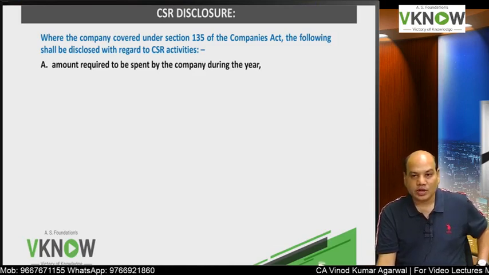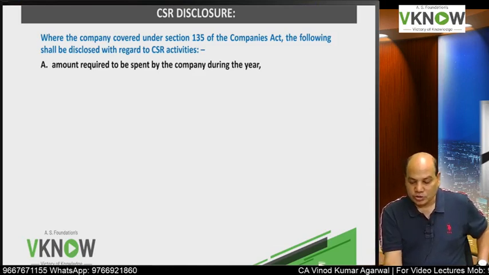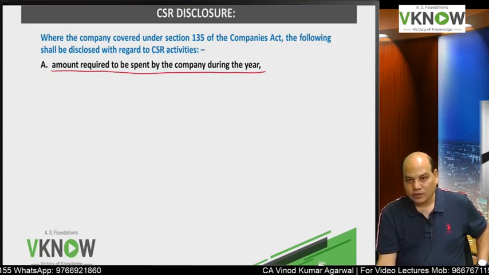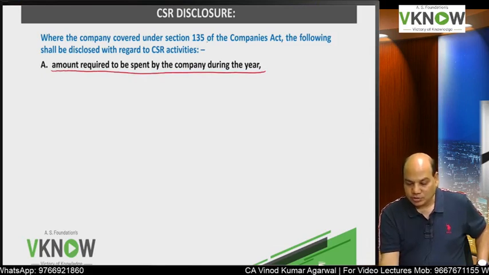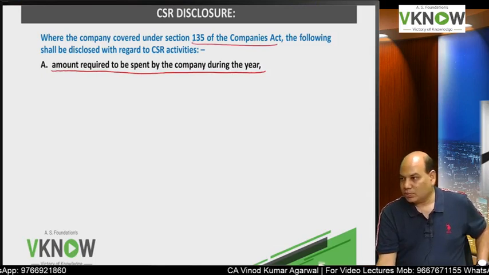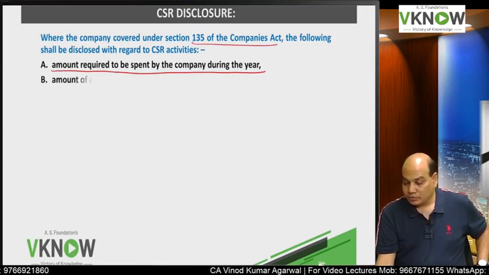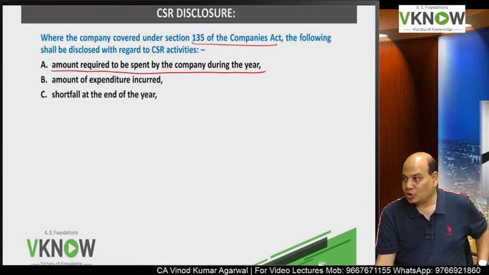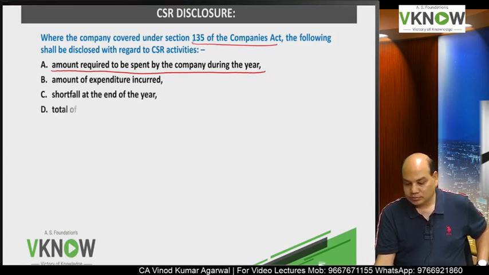So the disclosure requirements are, first, you have to disclose how much amount is required to be spent. There is a formula in the Companies Act, 2% of your average net profit, and then you have to check how much you have actually incurred, and if there is a shortfall you have to disclose.